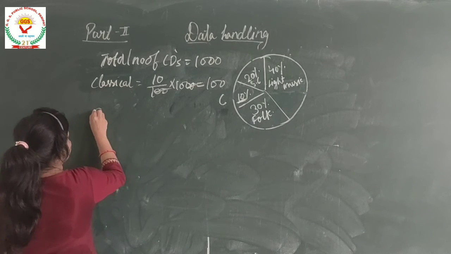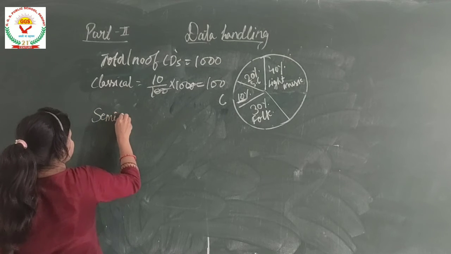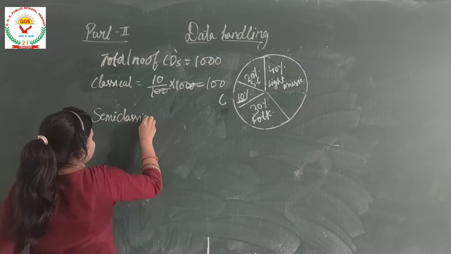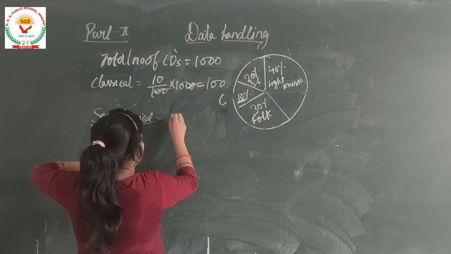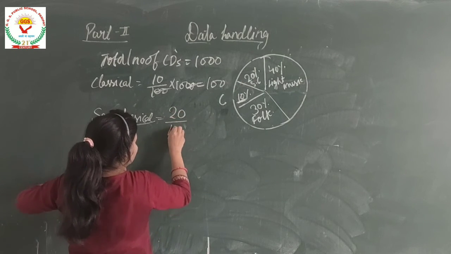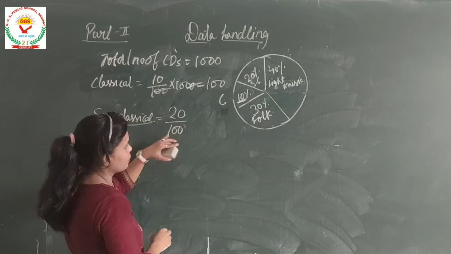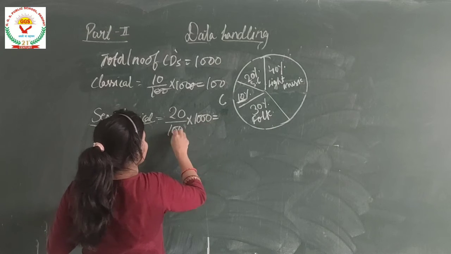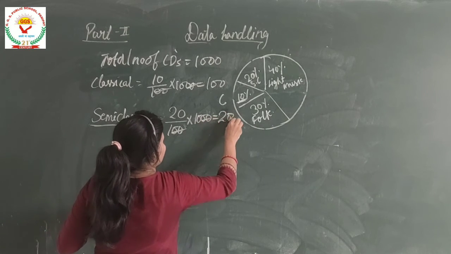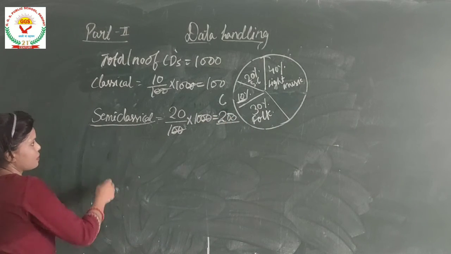Next is semi-classical. This is 20%. To remove percent, I will write divided by 100 multiplied by 1000. On solving, we will get 200. So 200 CDs will be of semi-classical.